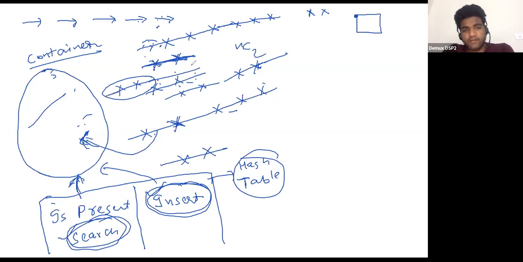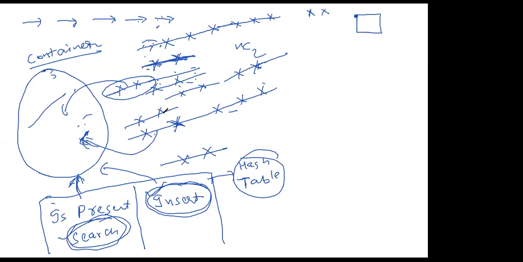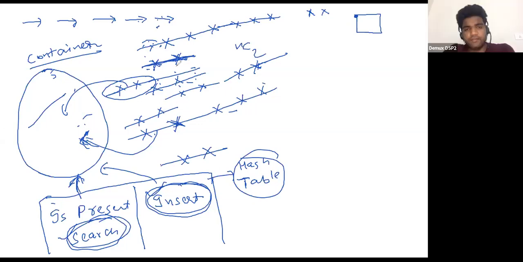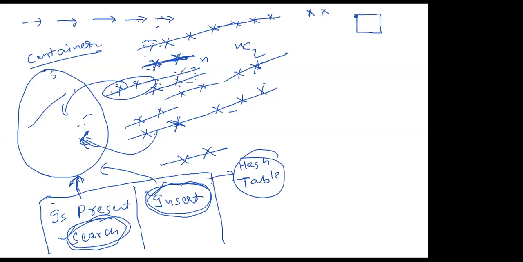And once you have enumerated this line, you will put it in the hash table, and then you will take another pair and enumerate another line. Okay, sir. Right. So every time it will be n cube, right? For every pair, you will check for the others. So it will be n cube.